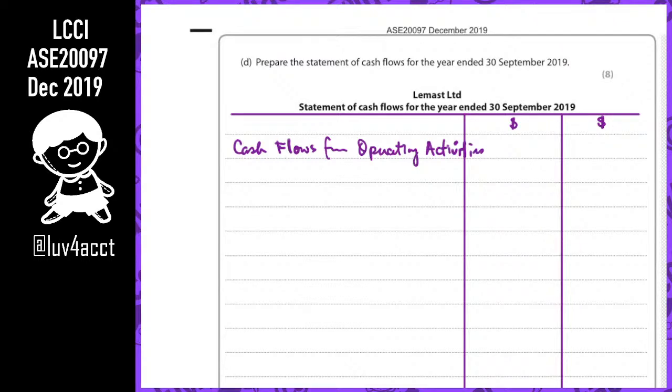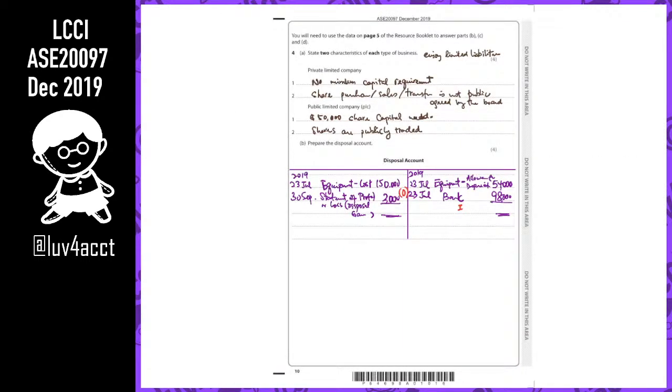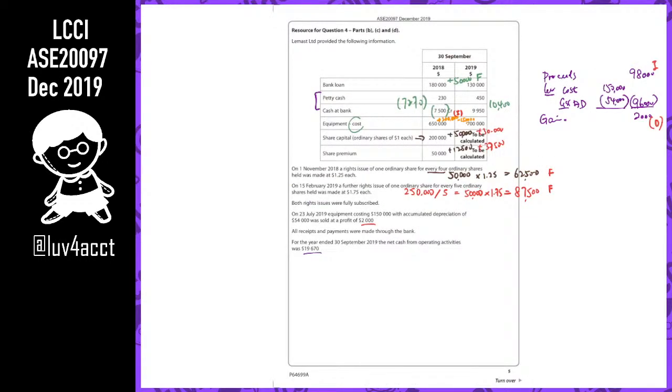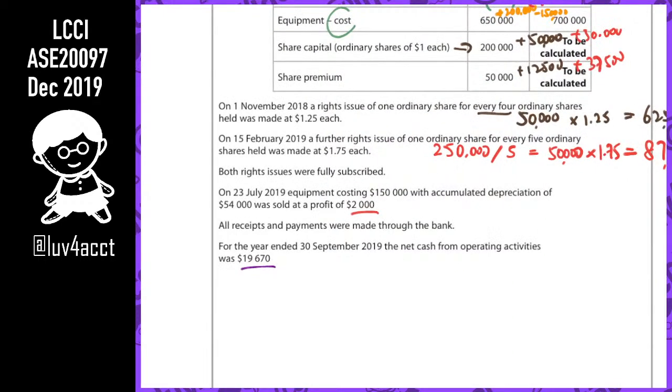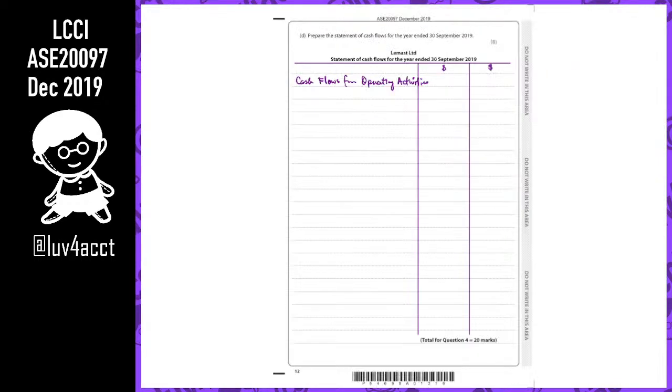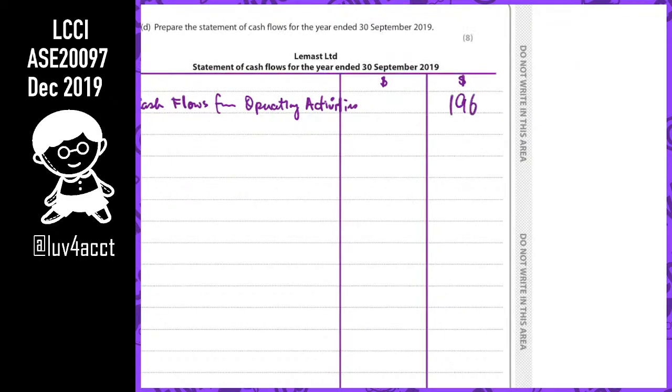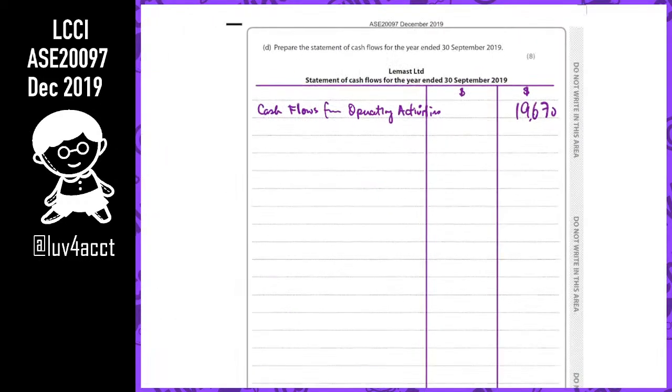So how much is that? Let me arrange the page. 19670. Next we will have cash flows. Oh, or here I should write net cash. Let us stick to our format.